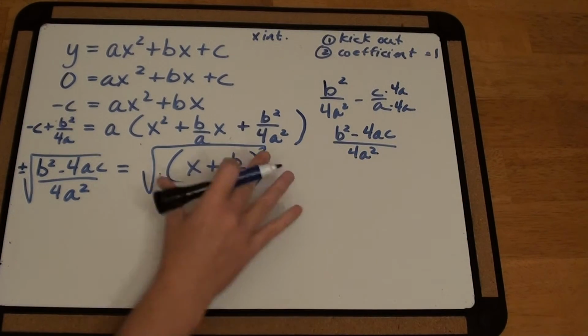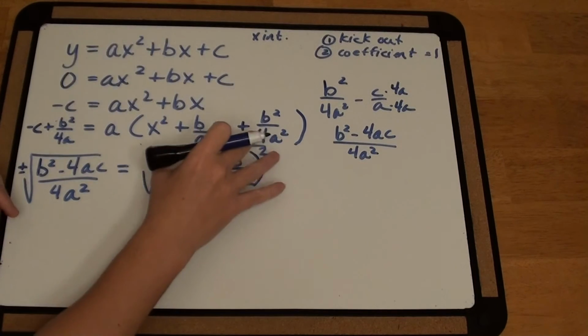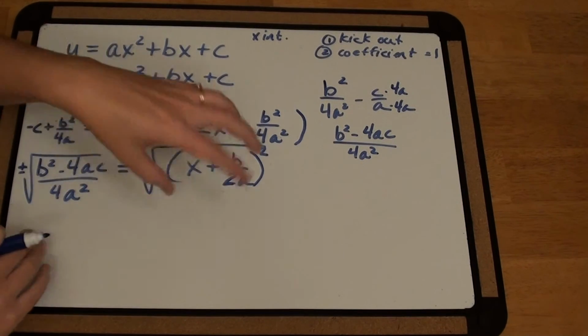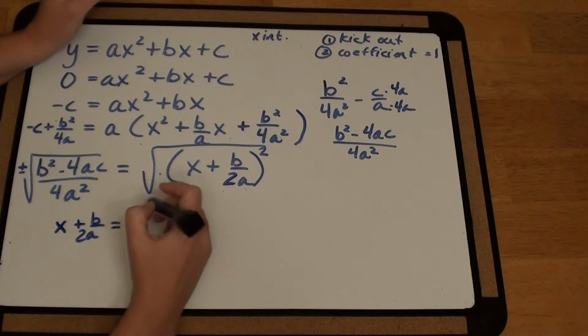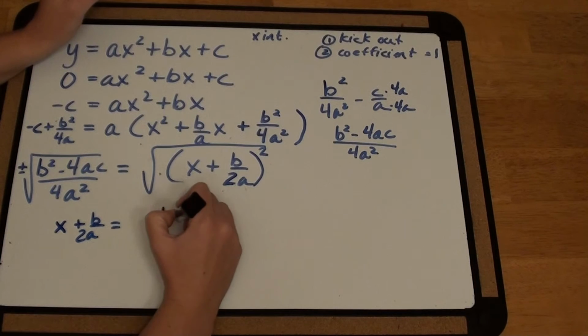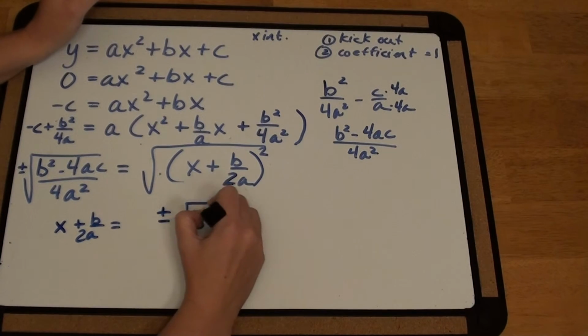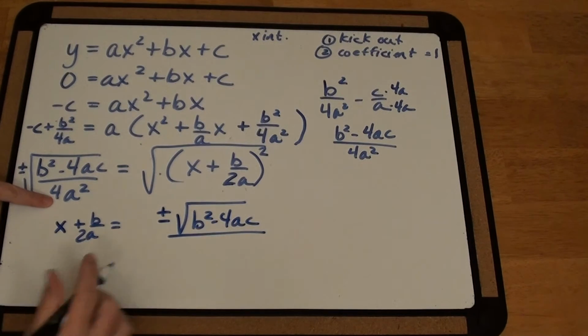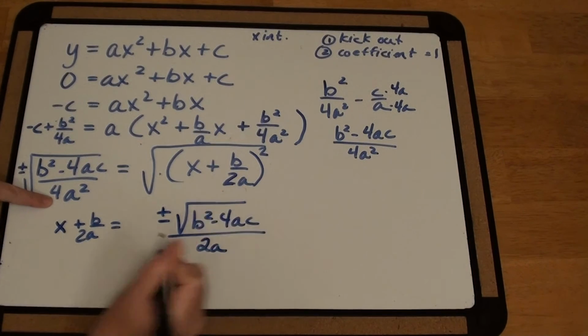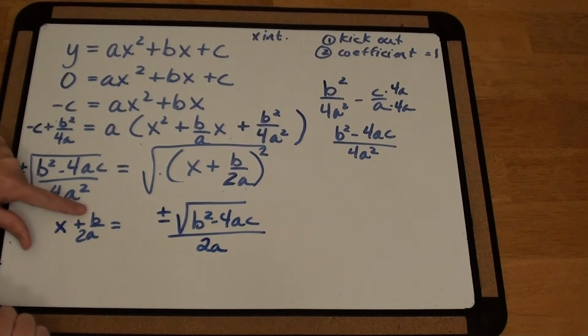So now what do I have? I'm going to flip sides, by the way. I'm going to take this and put it on this side of the scale and this on the other side of the scale. I get x plus b over 2a equals plus or minus the square root of b squared minus 4ac. Now I'm going to take the square root of 4a squared because I know that's 2a. All right, and now what do I have?